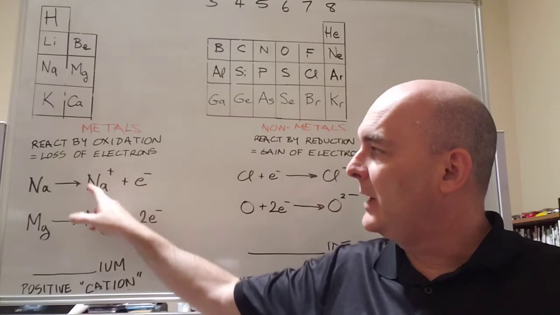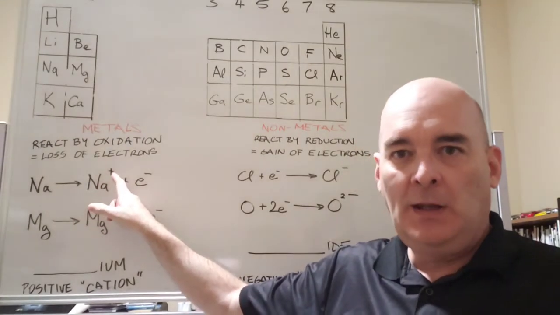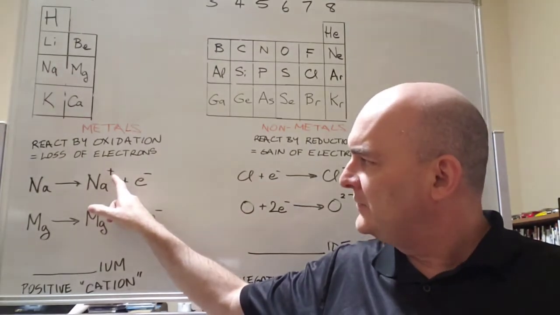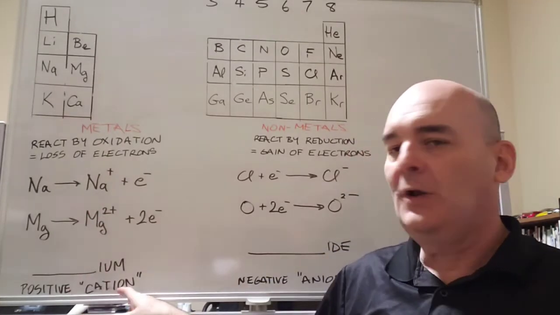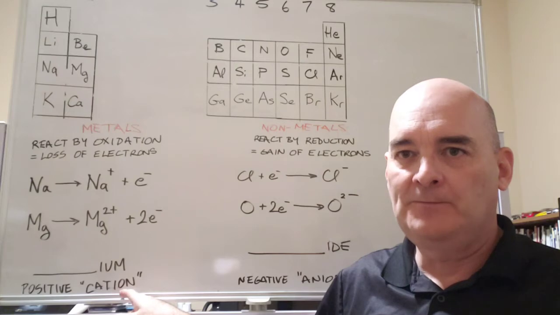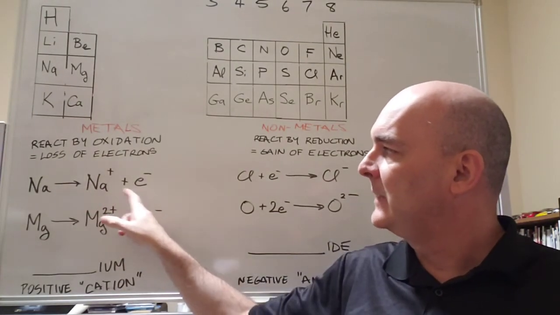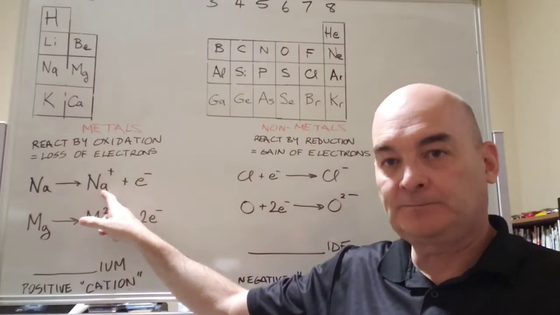This is no longer an atom, it's what we call an ion. An ion is a charged atom. And because this is a positively charged atom, we're going to call it a cation. Everything in group 1 loses 1 electron. So the sodium atom becomes a sodium ion.